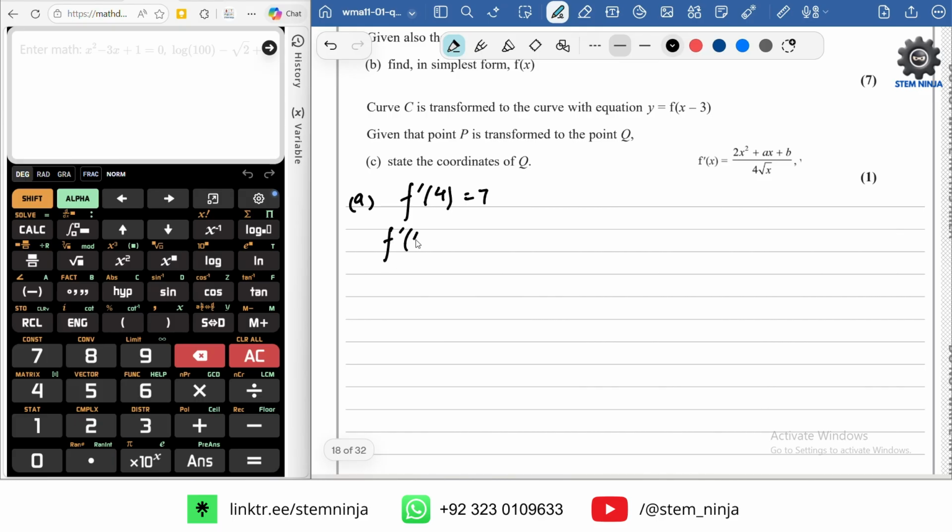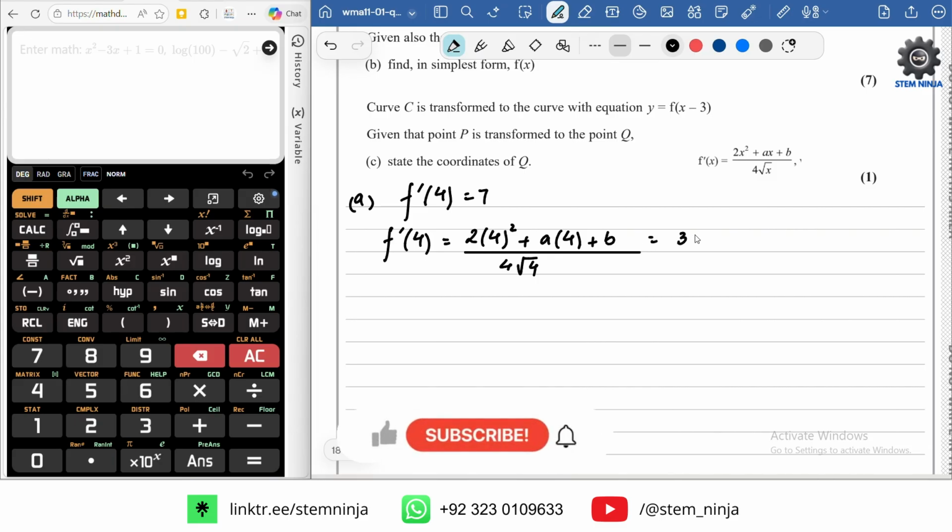So f prime of 4 is going to be 2 times 4 squared plus a times 4 plus b, and then 4 multiplied by the square root of 4. So you get 2 times 16, 32 plus 4a plus b equals 4 square root of 4, that is just 2, so 4 times 2, 8.